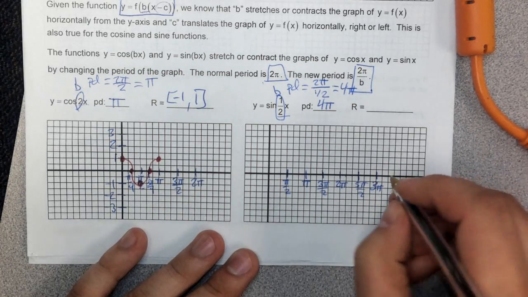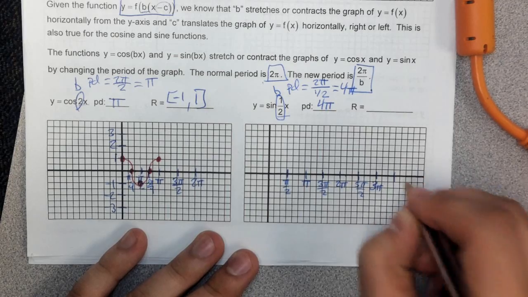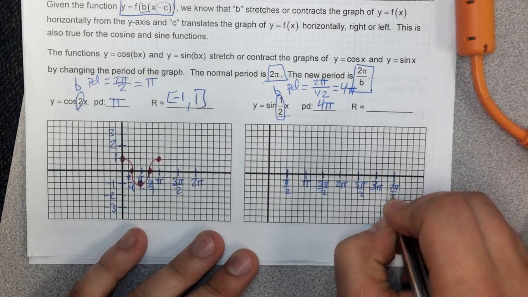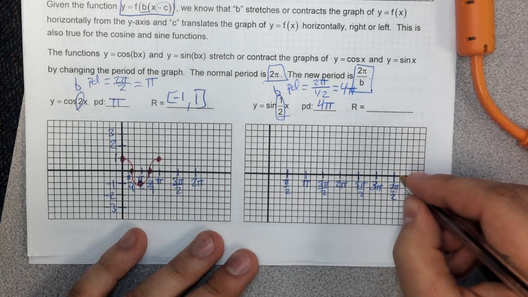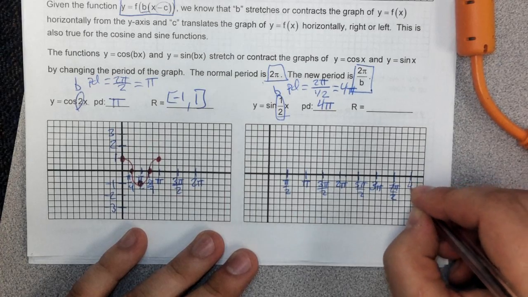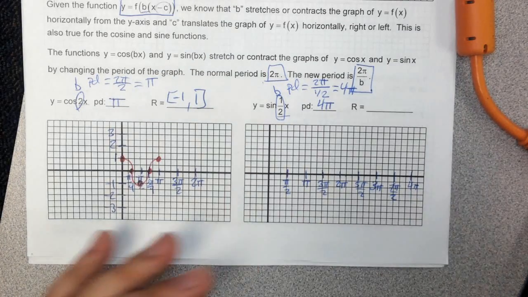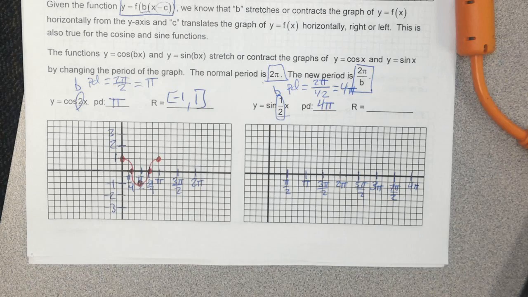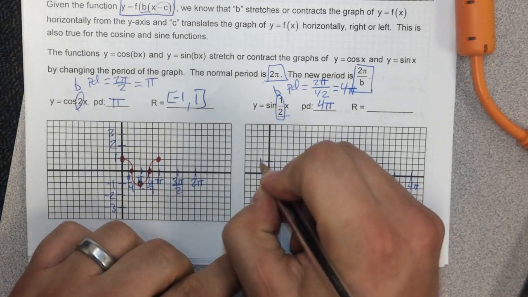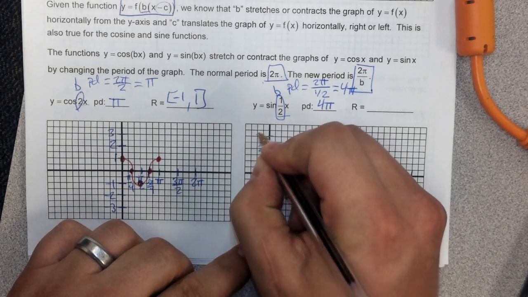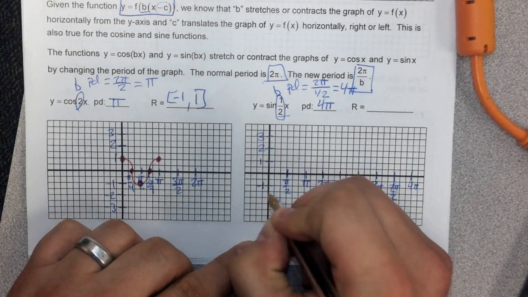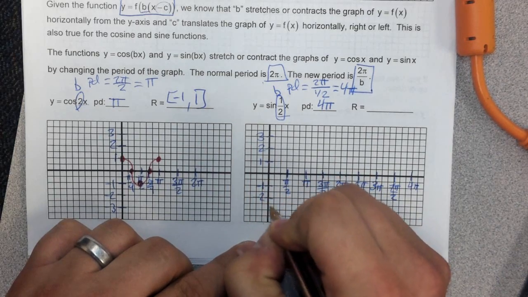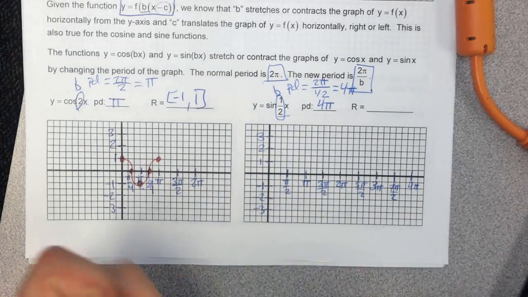Yeah, 3 pi. 1, 2, 3 would be now 7 pi over 2. And then we got to get all the way to 4 pi. So that'd be 1, 2, 3. There's our 4 pi right there. Okay, so now again, oh wait, almost forgot the scale. 1, 2, 3. And we'll go down, -1. And then we got -2 and -3.